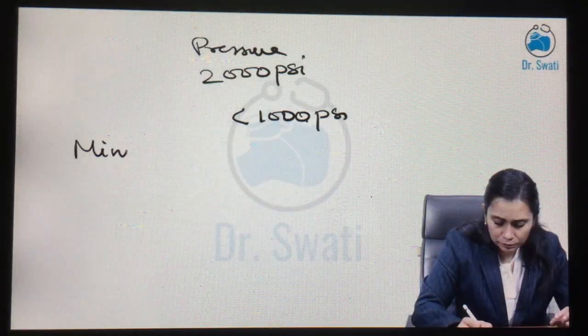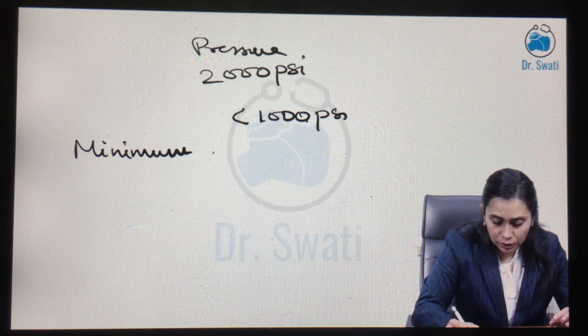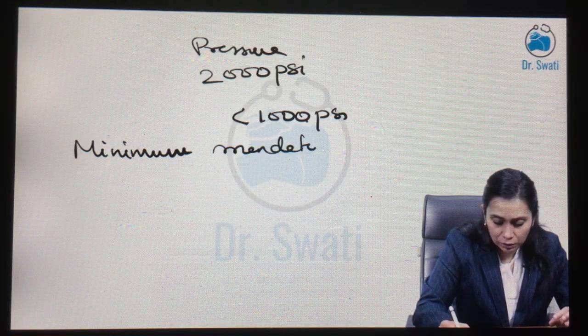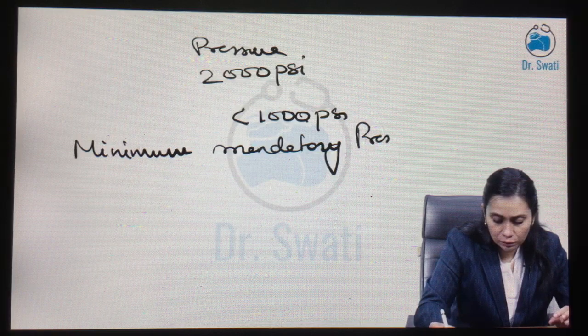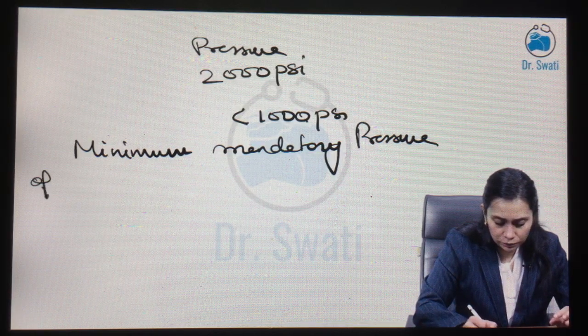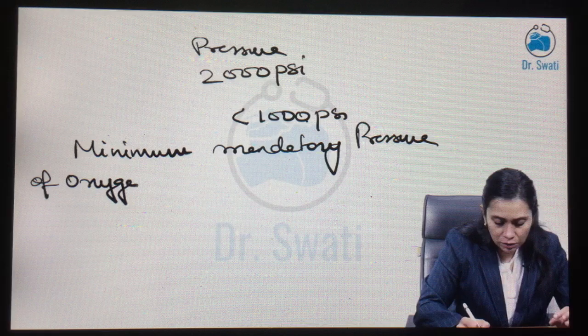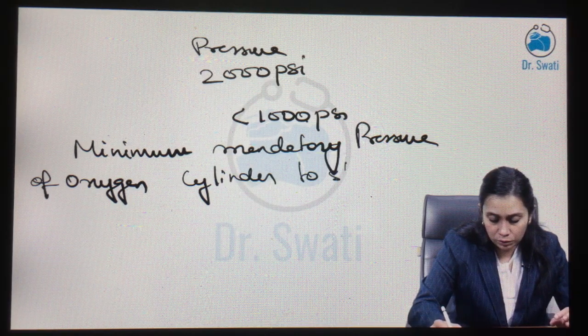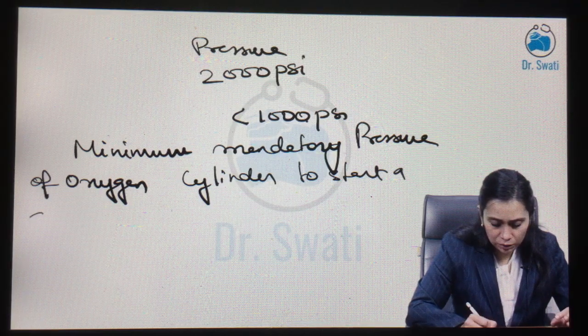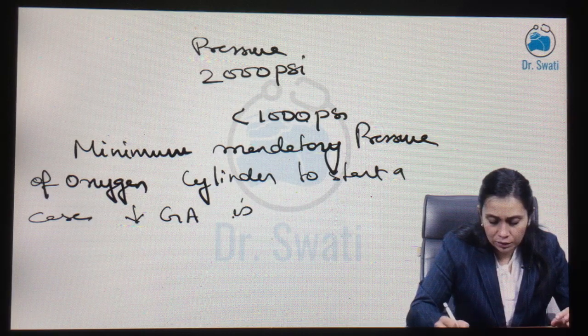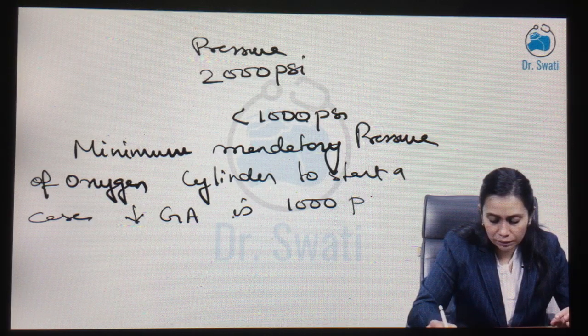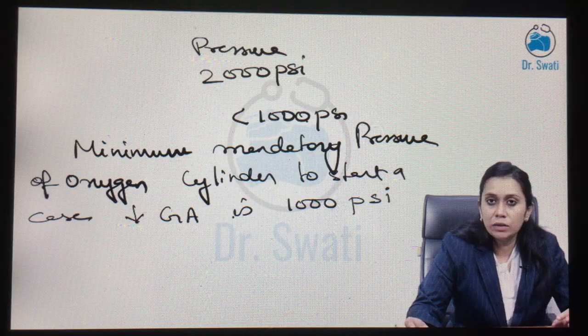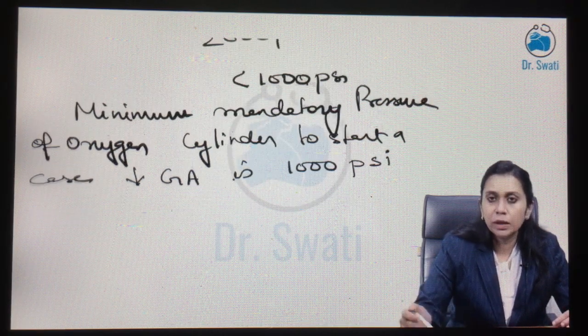Minimum mandatory pressure of oxygen cylinder to start a case under general anesthesia is 1000 psi. Right? It is 1000 psi. Right, everyone? Okay. Very important.